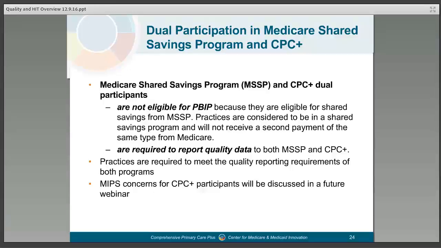You will be eligible for shared savings through the Medicare Shared Savings Program, but you will not be eligible for the performance-based incentive payment simply because you're already in a program that provides you with an incentive payment, and we are not allowed to double pay you for similar types of work. So that's why we're not able to provide the incentive payment and the shared savings payment from two models.